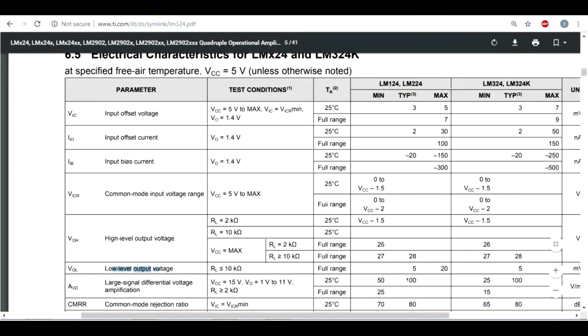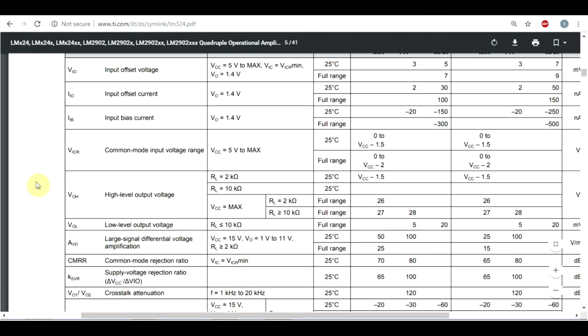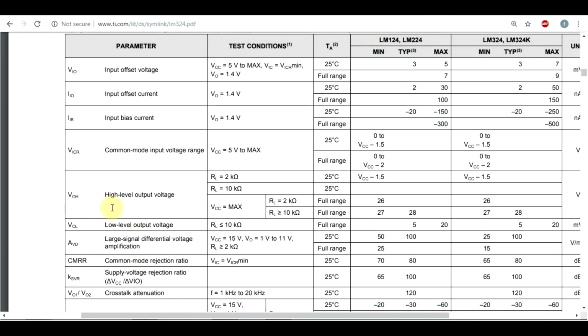Now if we look at a different op-amp, so the LM324, this parameter is no longer defined as the output voltage swing, but rather is defined as two different parameters: the high level output voltage and the low level output voltage. Basically, these two parameters tell us what's the highest value the output can take and what's the lowest value. It's defined as two different parameters since it's no longer a symmetrical behavior.